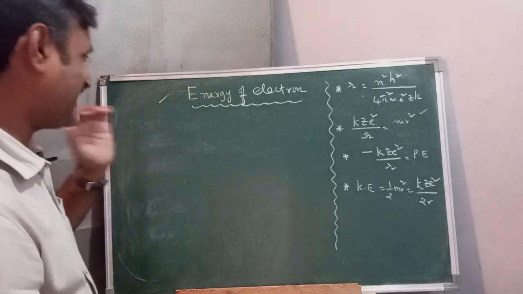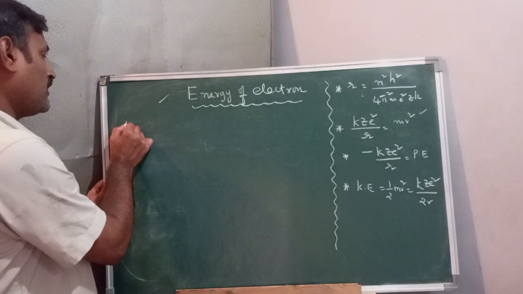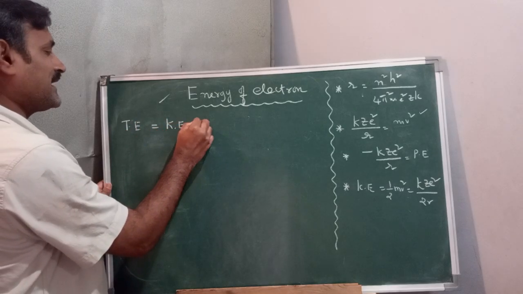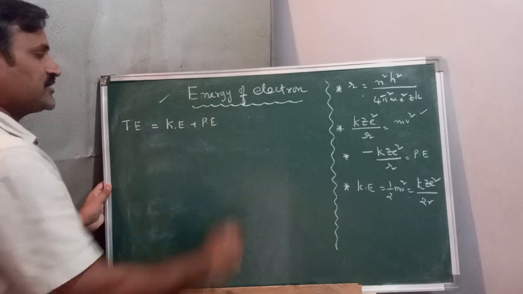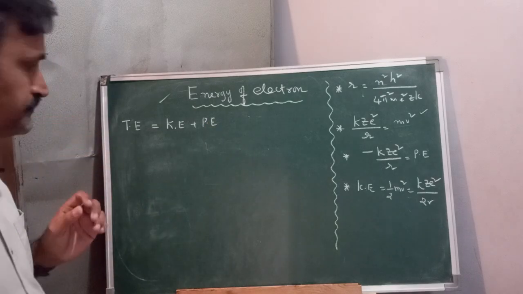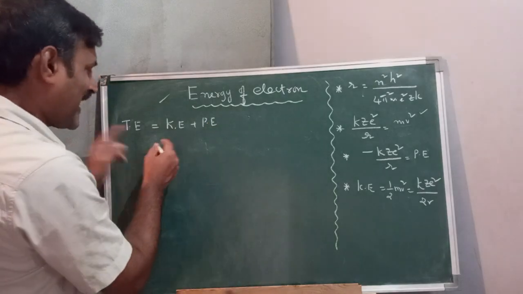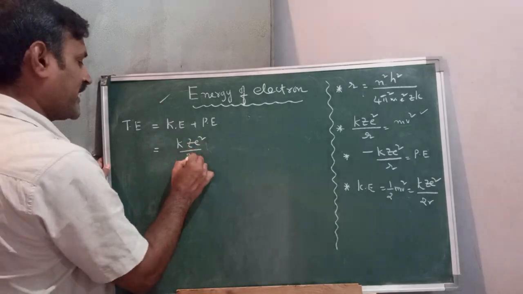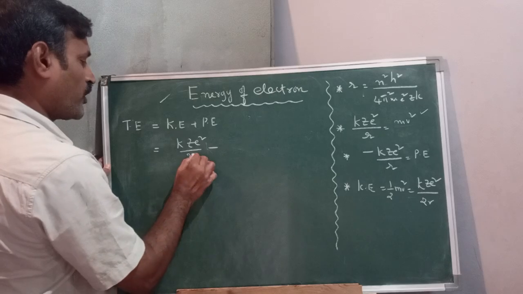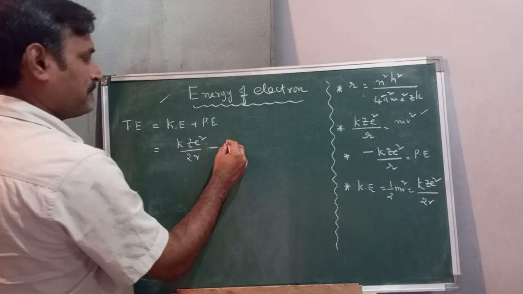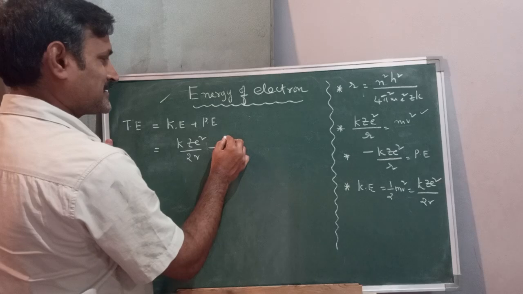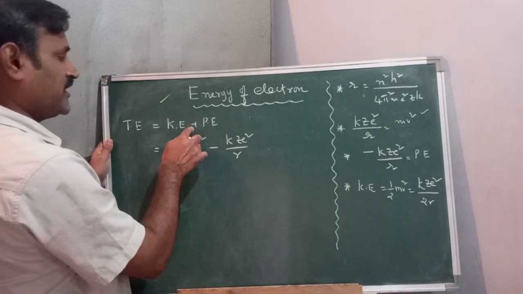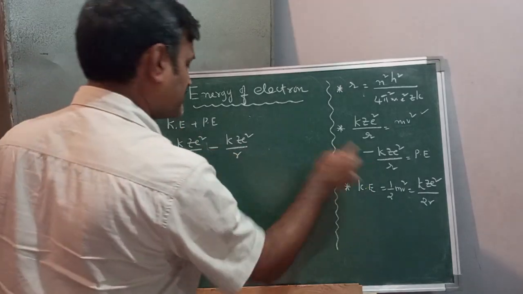Let us talk about the energy of the electron. The total energy of the electron can be obtained by summing the kinetic energy and potential energy of the electron in the orbit. If you substitute these values, kinetic energy is k into z e square by 2r, whereas potential energy is minus k into z e square by r. So here plus will become minus because the potential energy is minus.